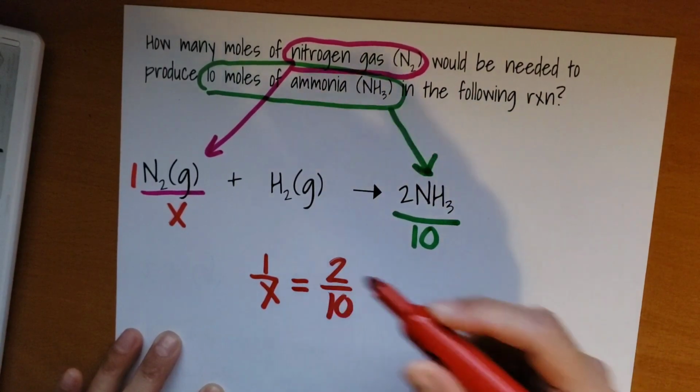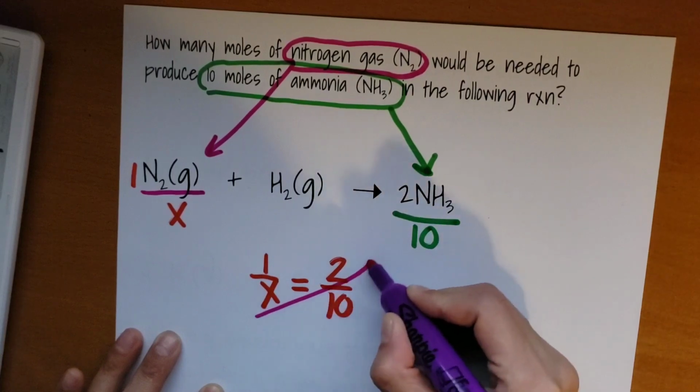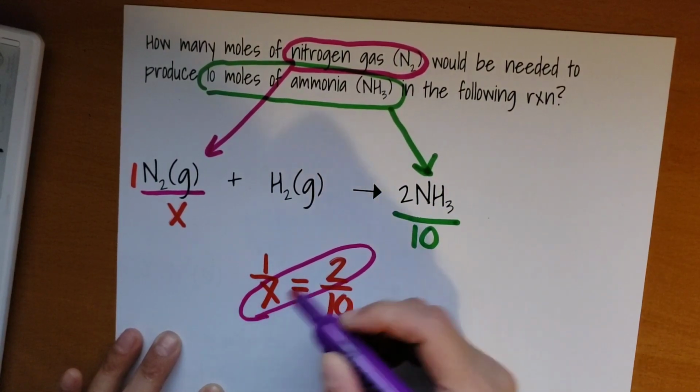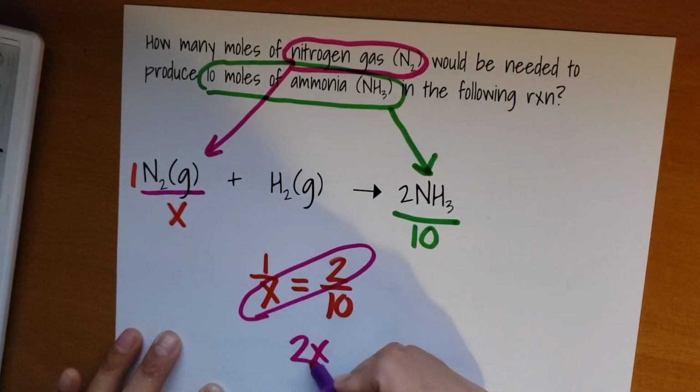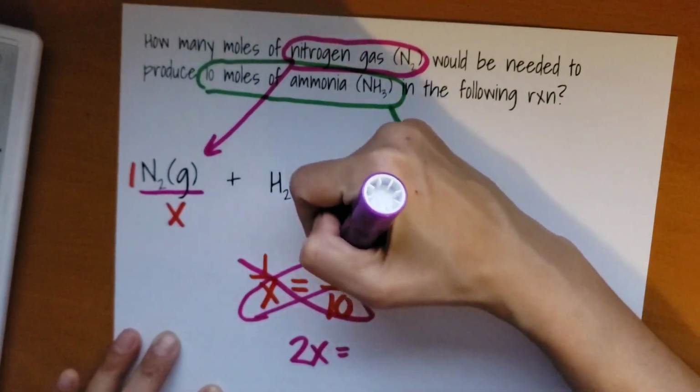I set these equal. To clear the denominator, I'm going to multiply these 2 values, and then I'm going to multiply these 2 values.